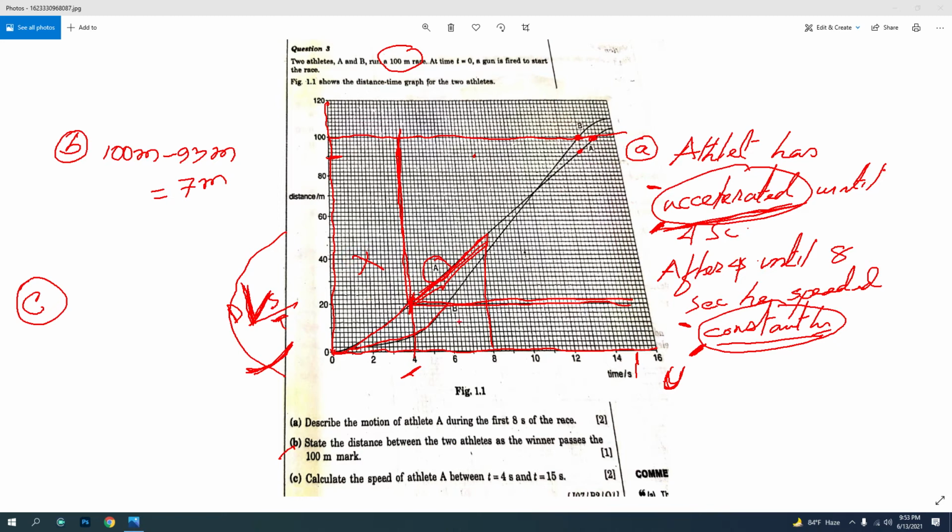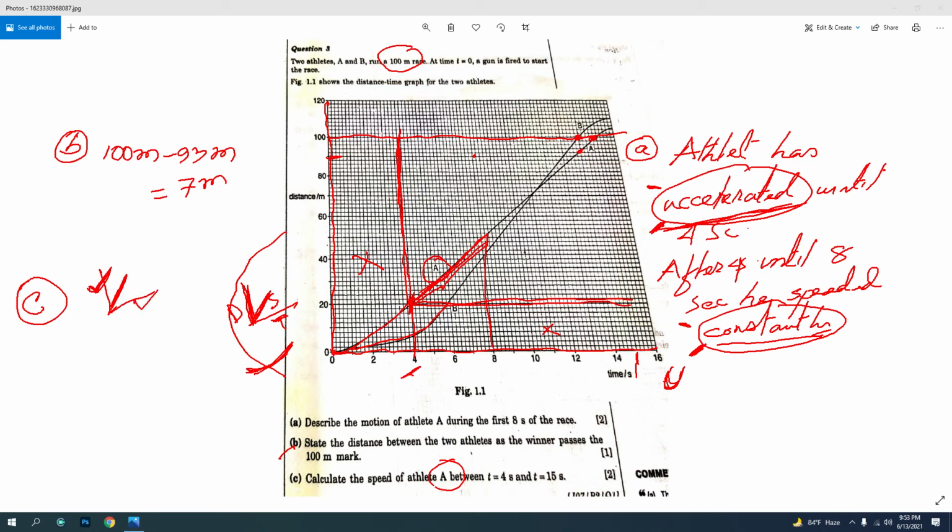So now my total concern is this line and that line, nothing else. This area is not needed, only this line and that line, right? And from these two lines I have to get the speed. Okay, and we are talking about athlete A. I told you that for getting this line you have to divide this value and this value.